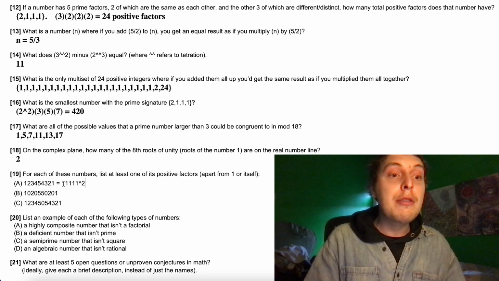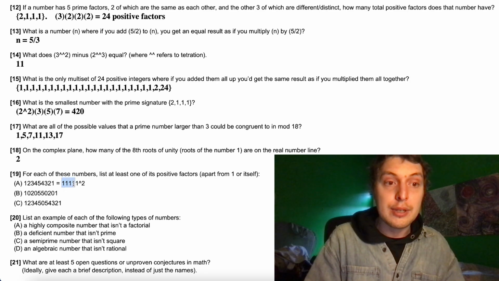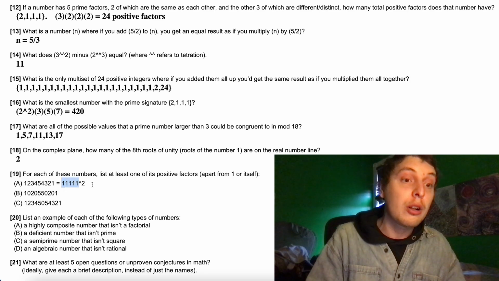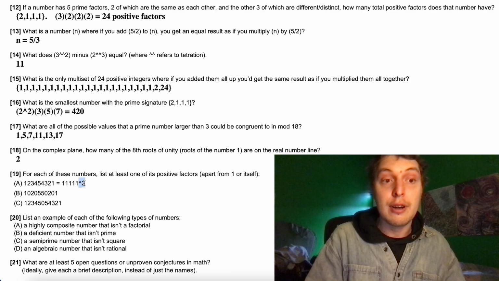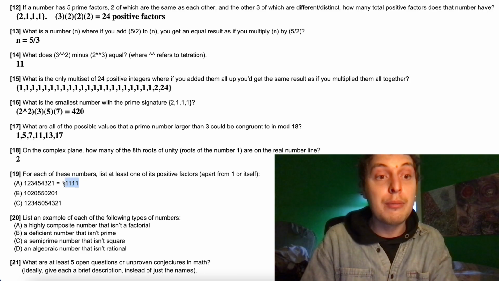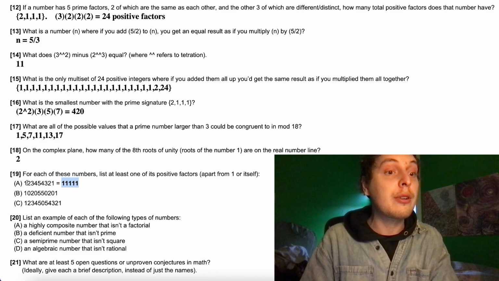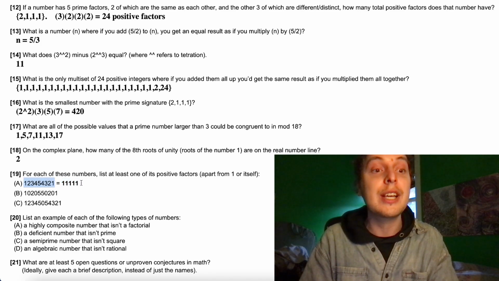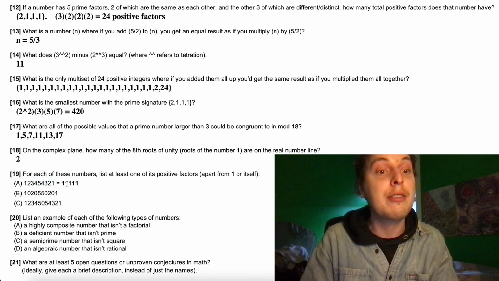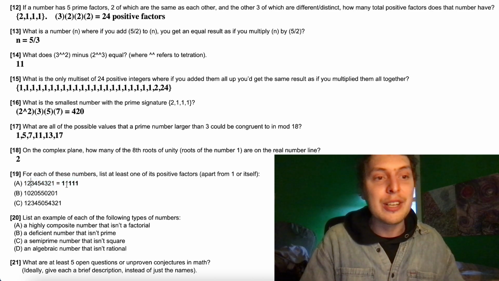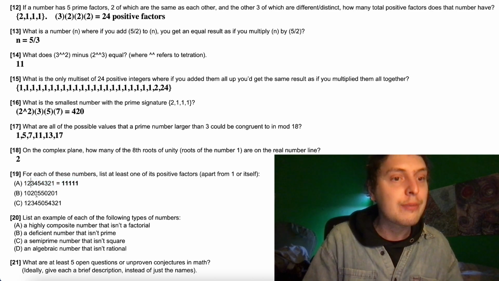And although that is not the full prime factorization, this could be broken into smaller primes. That is a factor of it. So we can say that this number, 11,111, is a factor of this, in fact, in almost a double way, because we can square this to get that, although we would only include it once on the list of factors.